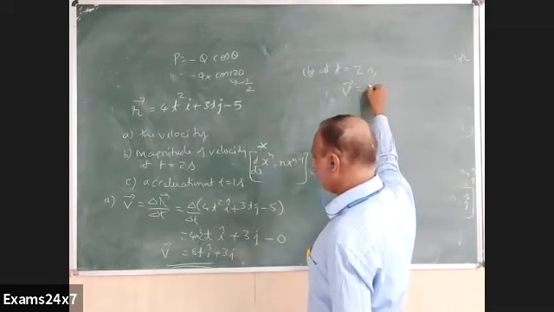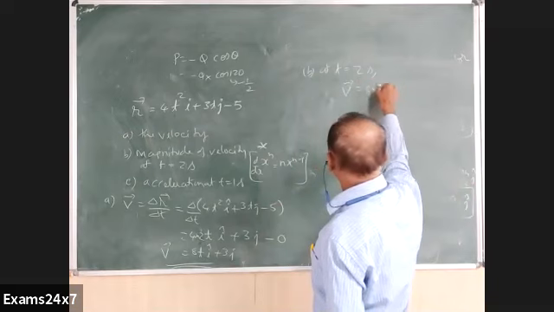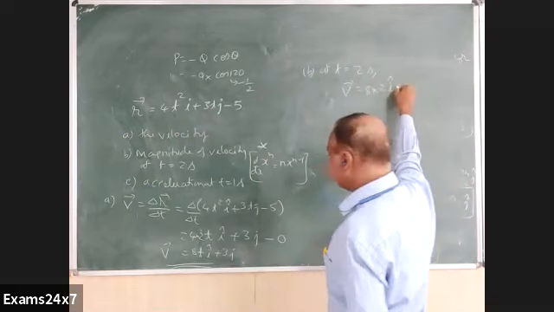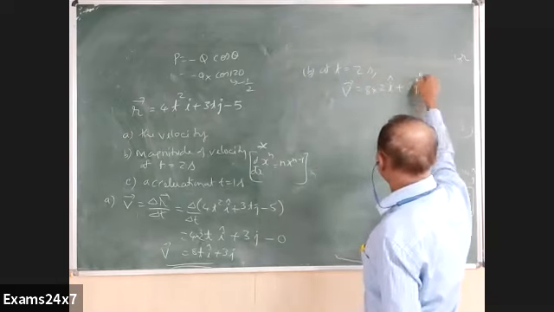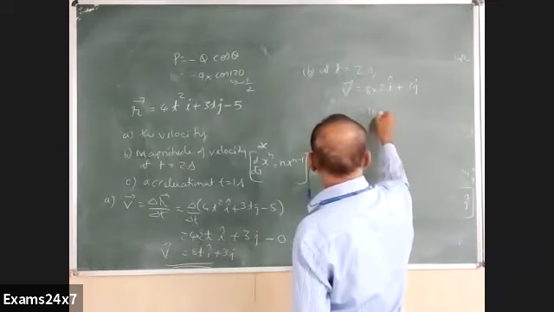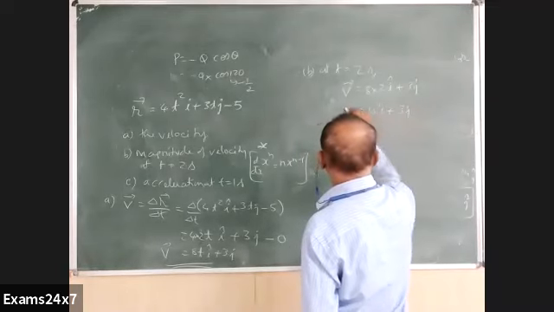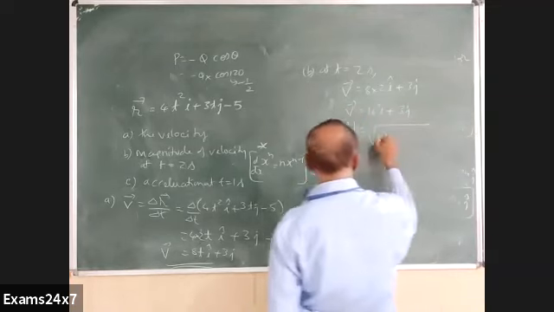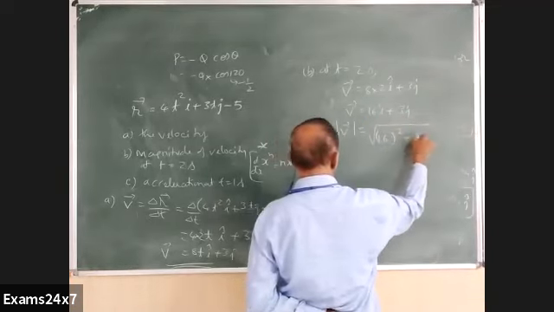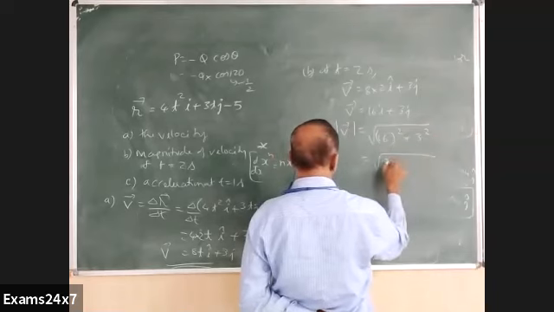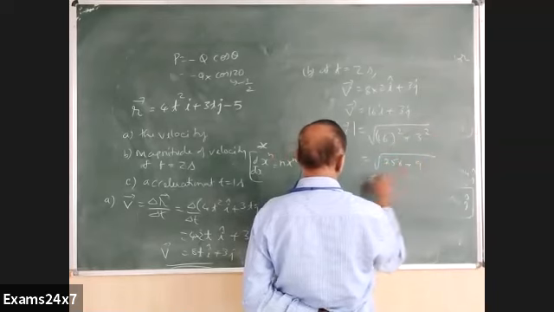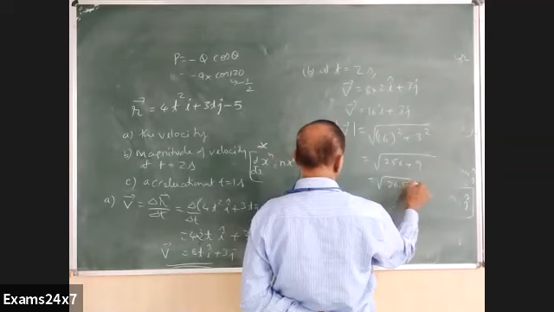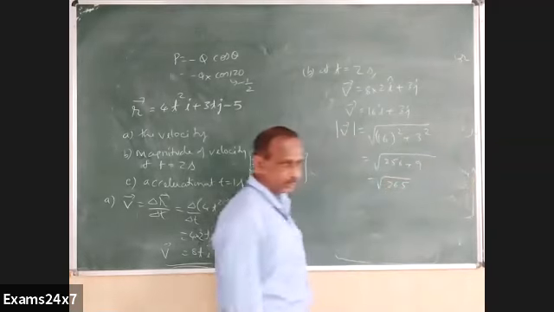V becomes 8 into 2 i plus 3 j itself, that is 16 i plus 3 j, and the magnitude of velocity is nothing but root of 16 square plus 3 square, which becomes root of 265. 256 plus 9, 265, no? Yes, sir, root of 265.